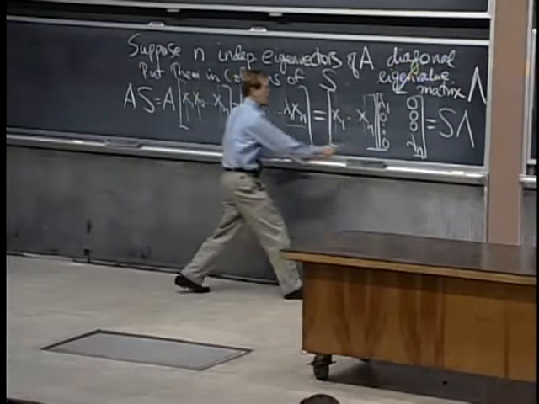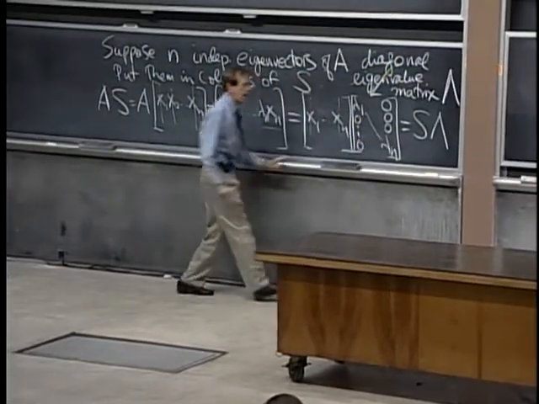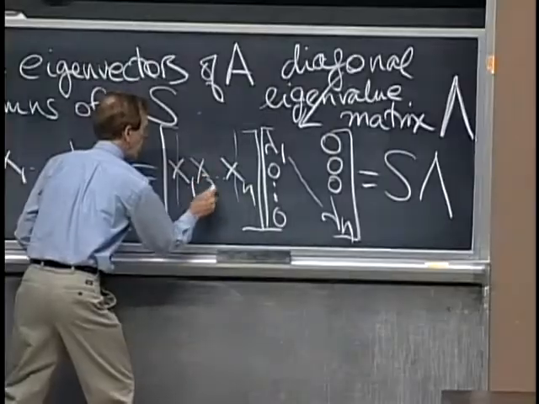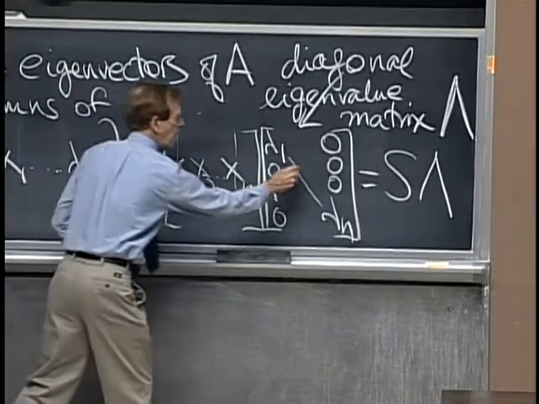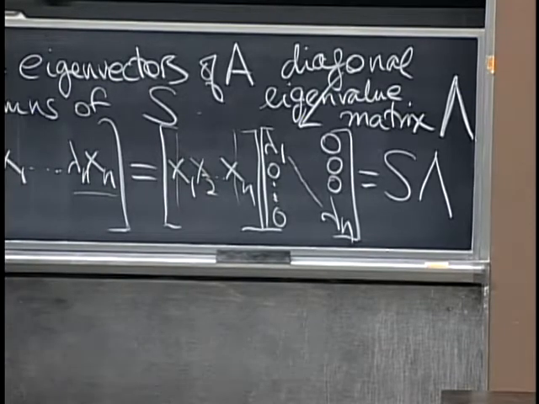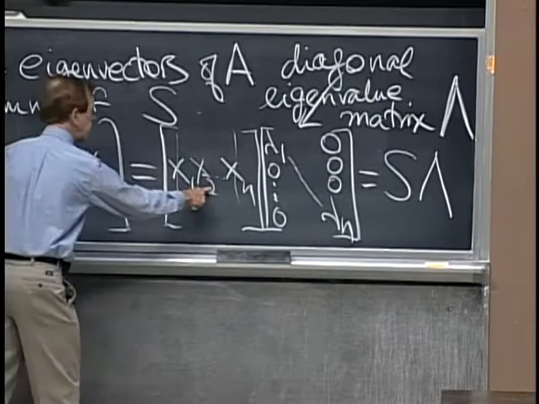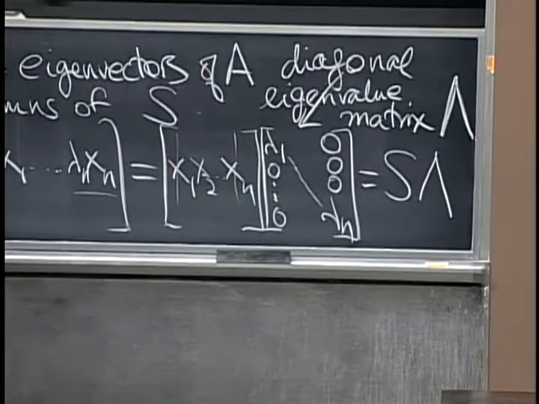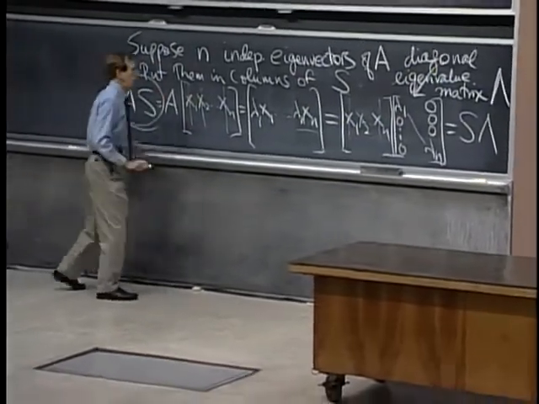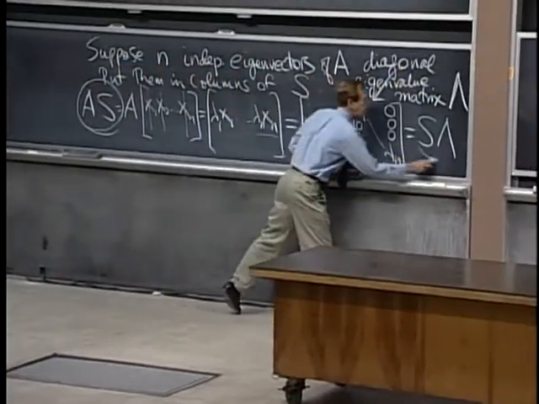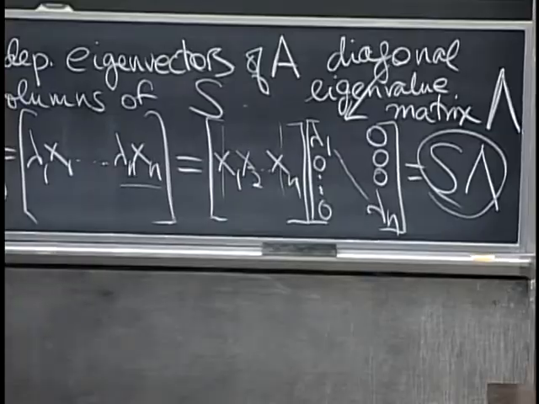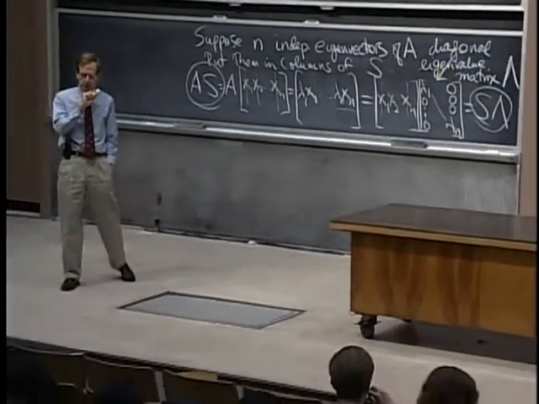So you see that the eigenvalues are just sitting down that diagonal. If I had a column x2 here, I would want the lambda 2 in the 2,2 position, the diagonal position, to multiply that x2 and give me lambda 2 x2. That's my formula. A S is S lambda. Okay. You see, it's just a calculation.